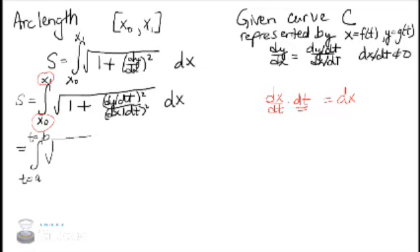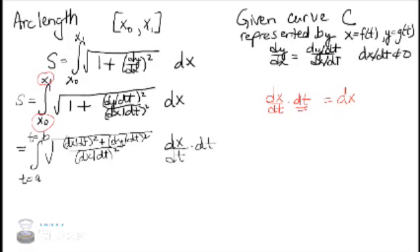The common denominator will be (dx/dt) squared, and over here we'll have (dx/dt) squared plus (dy/dt) squared. And over here, as I mentioned before, we're going to write this as dx/dt times dt.